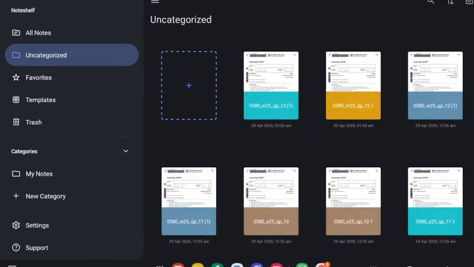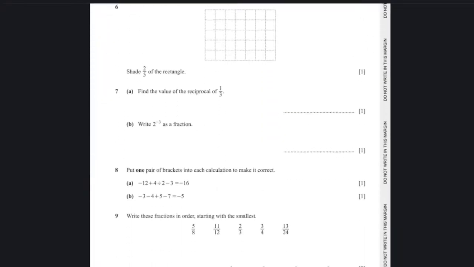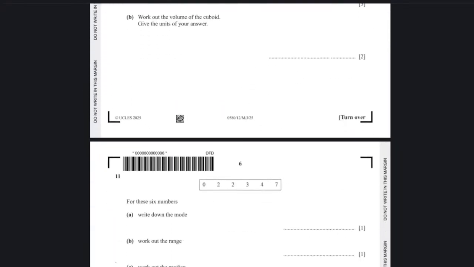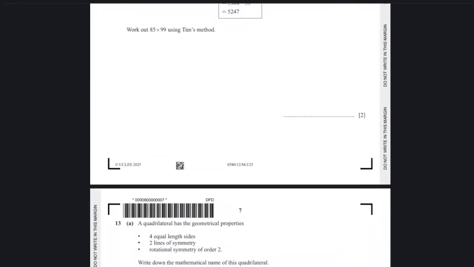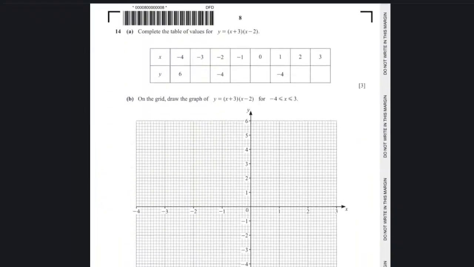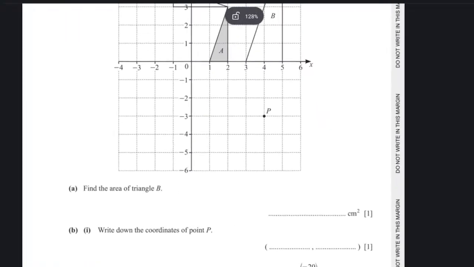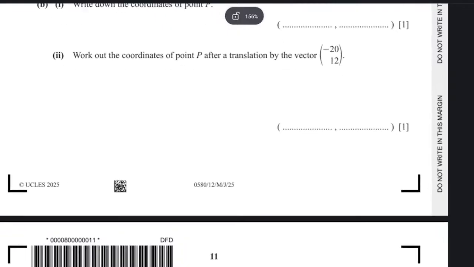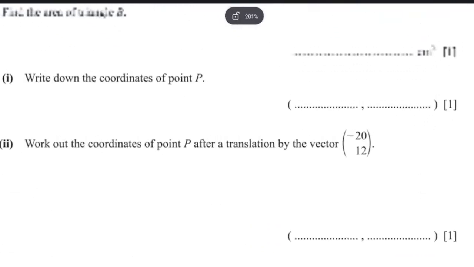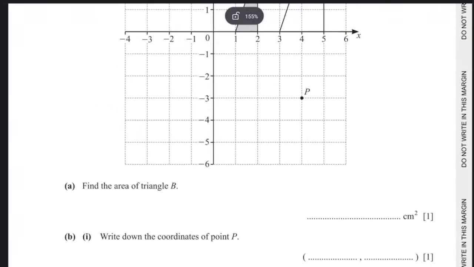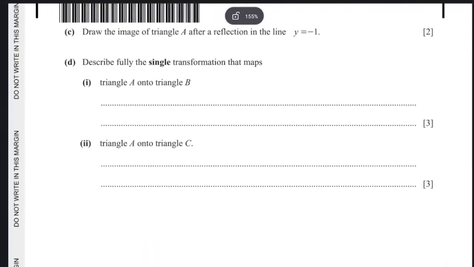So now let's look for a translation one. So here they'll say, okay, so they're not really saying describe.